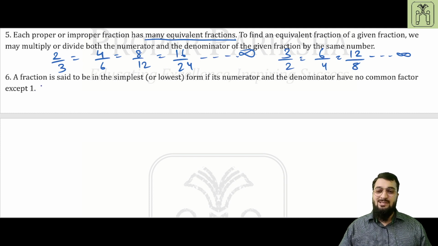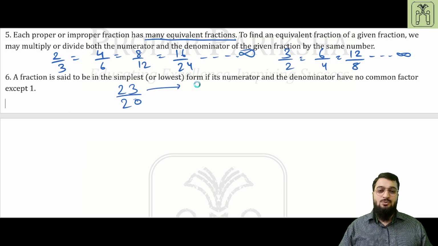Point number 6 says that a fraction is said to be in simplest or lowest form if its numerator and denominator have no common factor except 1. As I told you earlier, we also went through many fractions in our exercises. So let us say one of the previous answers, like 23 upon 20. Can it be further simplified?